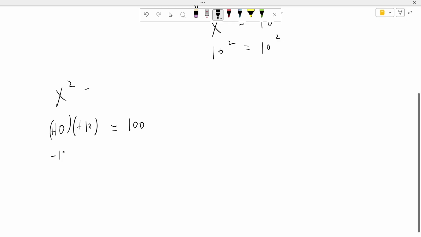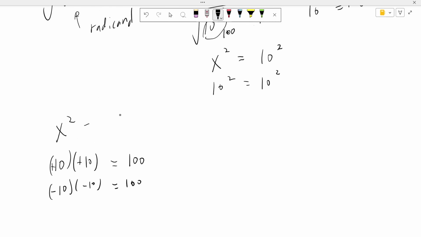What if x was negative 10? You also get 100. So notice what happened. You lost the sign information because the answers are the same here. Whether x was positive or negative didn't matter. So you can interpret that as squaring a number loses the sign information.